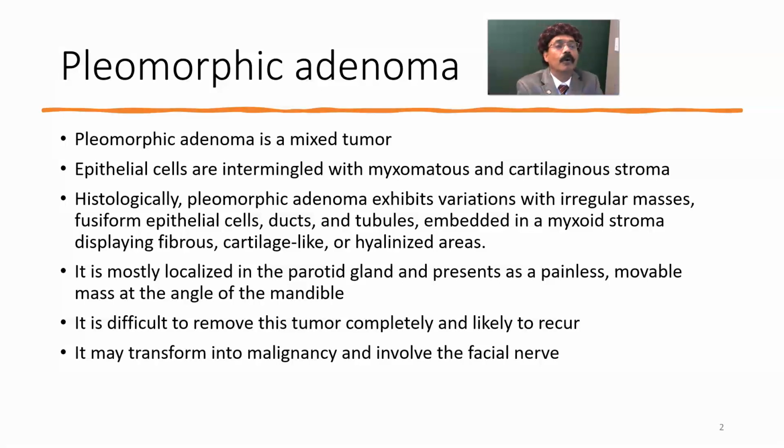This branching occurs inside the parotid gland. So when the surgeon takes out the parotid tumor, the surgeon always takes care to retain the facial nerve and its branches as much as possible. Management is surgical, with protection of the facial nerve as far as possible.